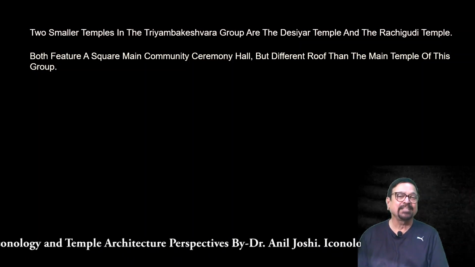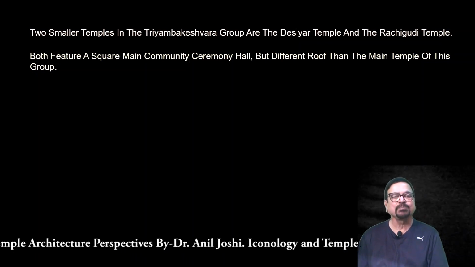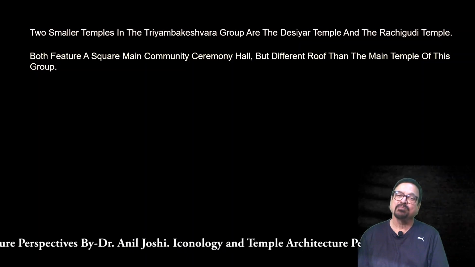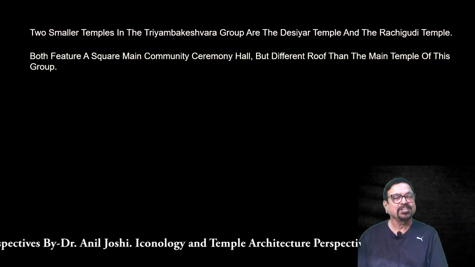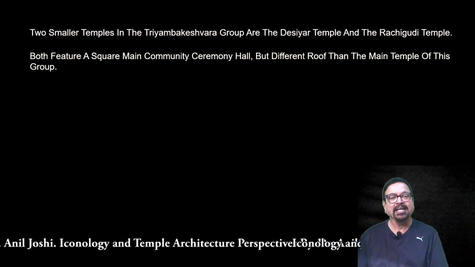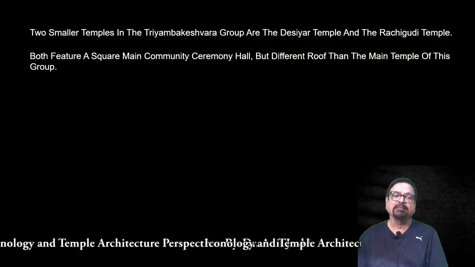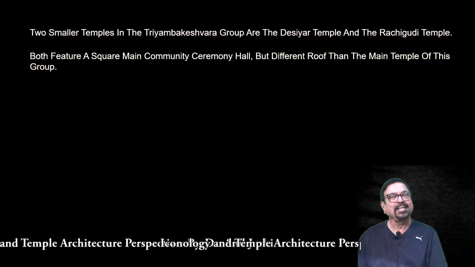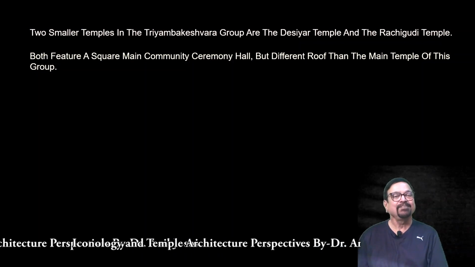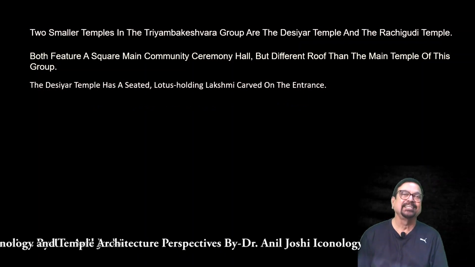That was the first time they introduced these community halls after the Gupta period, and then it was subsequently taken up by almost all the temples, because most of the important activities of the town or community were taking place in the temple at that time. May it be a ceremony, a crowning celebration, a marriage, or a village meeting. We can see this when we see a Ladkhan temple here, which has exactly a typical structure that will remind you of all these things.